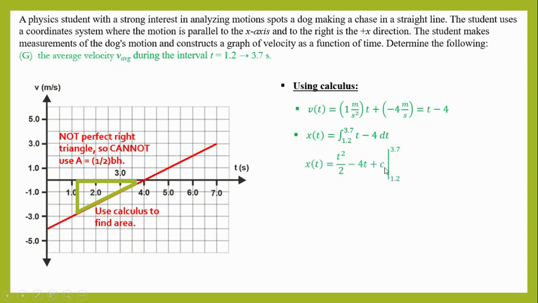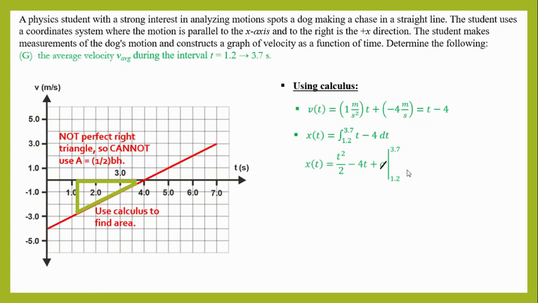To integrate this properly, integrating t would just give you t squared divided by 2, and then the negative 4 would just simply turn into negative 4t plus c. And this is your coefficient, your xi, but the problem didn't give me the dog's initial position, so I'm just going to ignore it. I'm just going to cross it out. I'm going to treat it as 0 unless one is dictated for you.